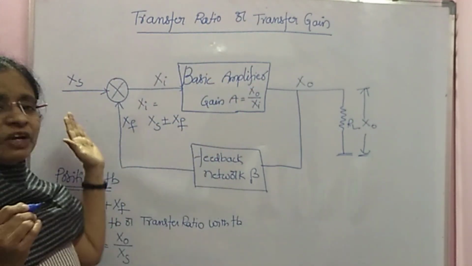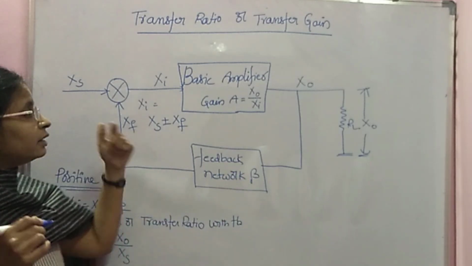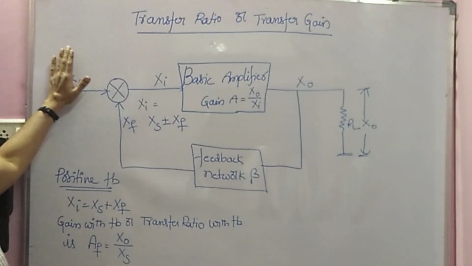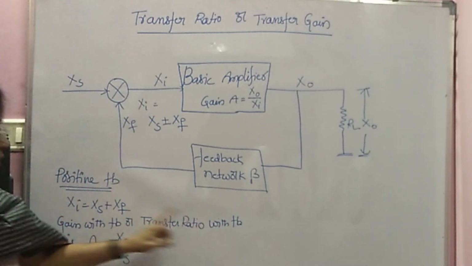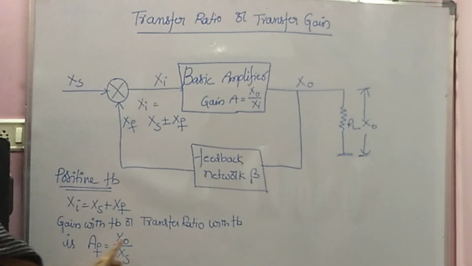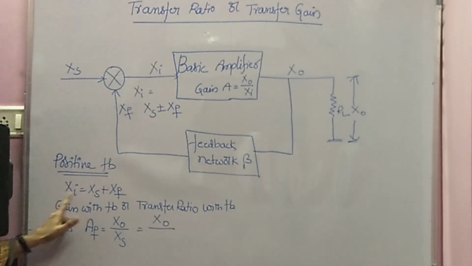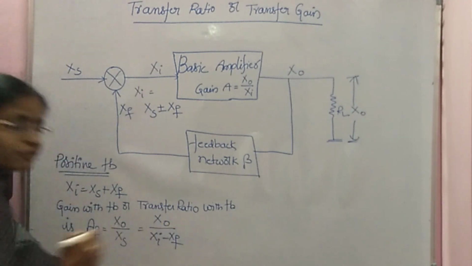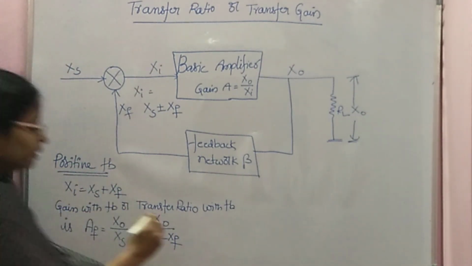But for the entire feedback amplifier, if you consider the feedback as positive feedback, then this is the output voltage and this is the input voltage. That is the reason the gain with feedback or transfer ratio with feedback is AF, equal to X naught by Xs. So X naught by, what is Xs? Xs is Xi minus Xf. So Xi minus Xf. Now divide the numerator and denominator by Xi.